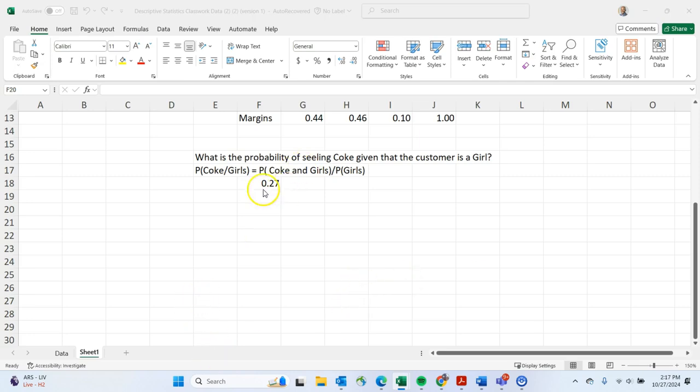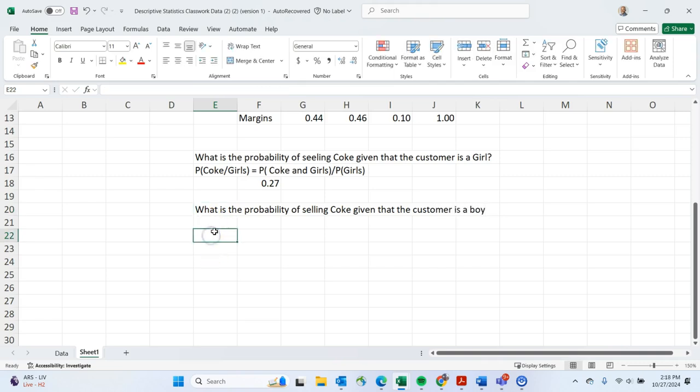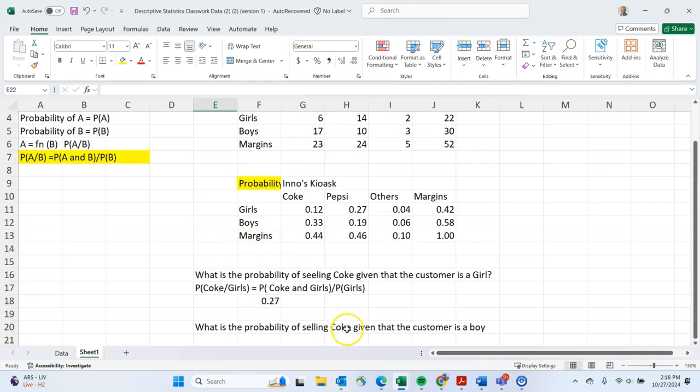Let's look at the boys. So let's say, what is the probability of selling Coke given that the customer is a boy?